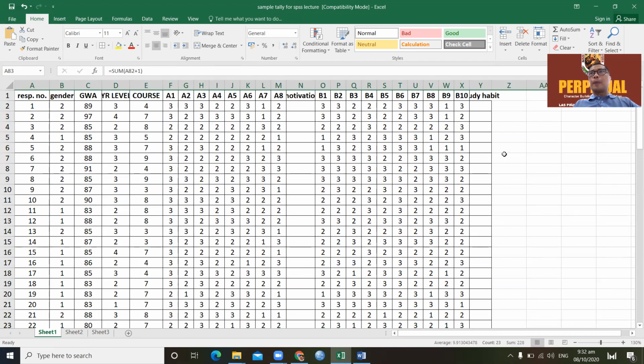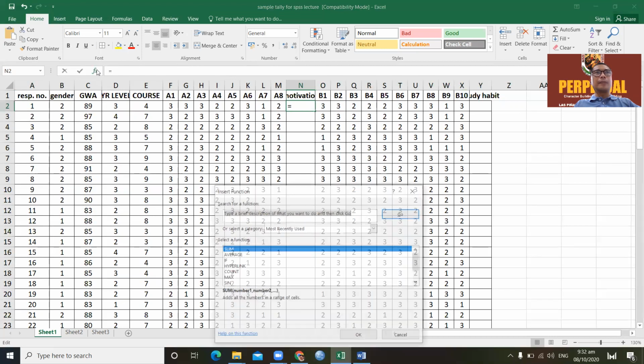What you need to do next is compute for motivation and study habits, since these are individual questions that would reflect motivation. These are individual responses that would reflect study habits. So what you need to do is compute for the average from A1 response to A8 response.